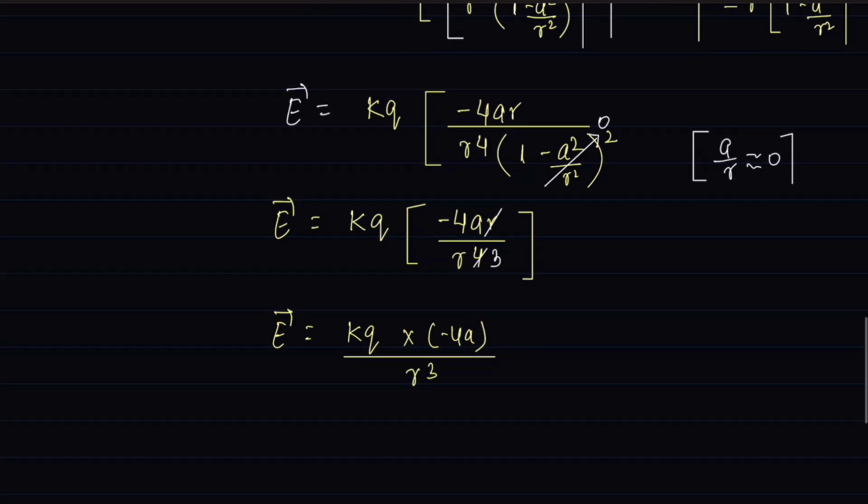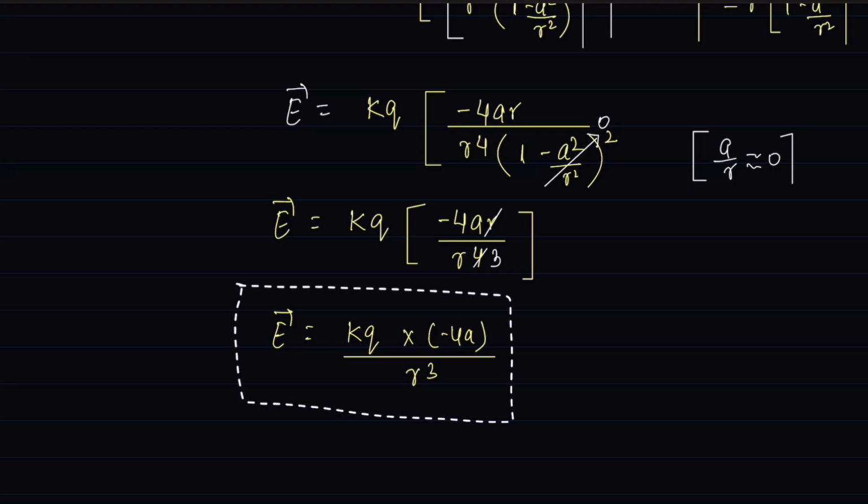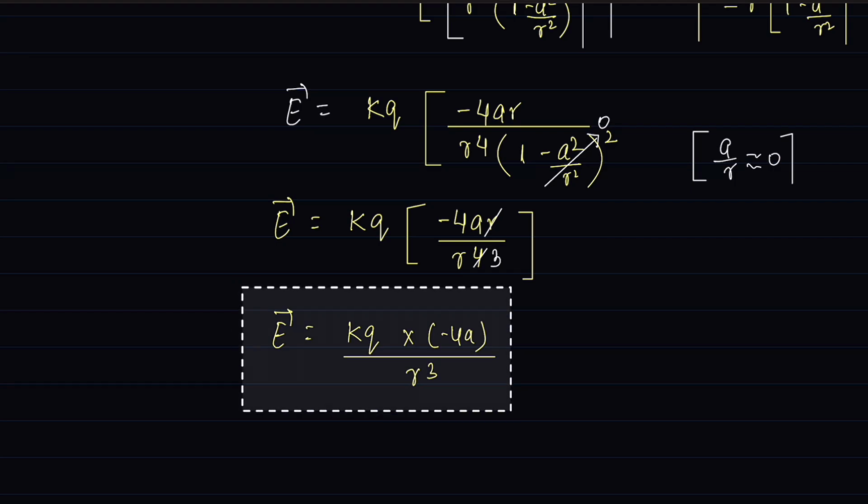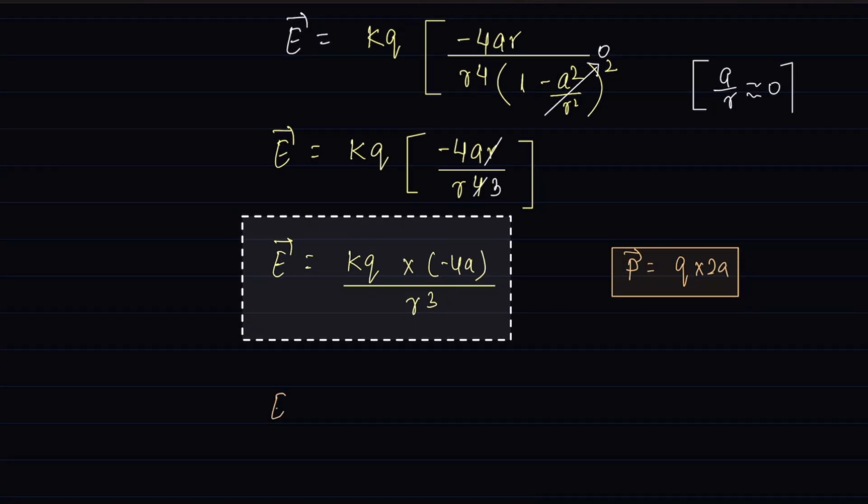Further, if we have to write this relation in terms of the electric dipole, we can say that P is equal to q into 2a. So E can be written as minus 2 into k into q into 2a by r cube.